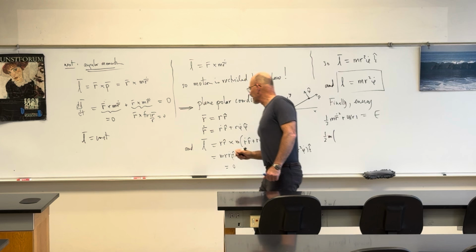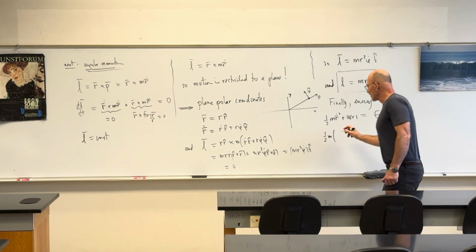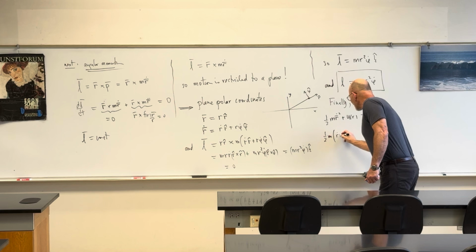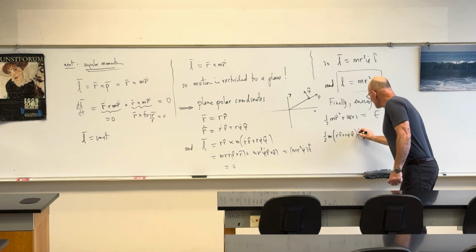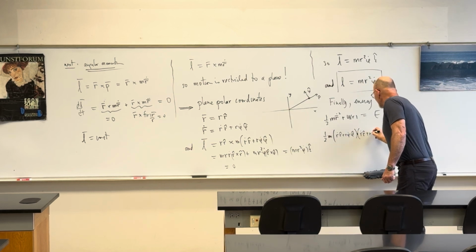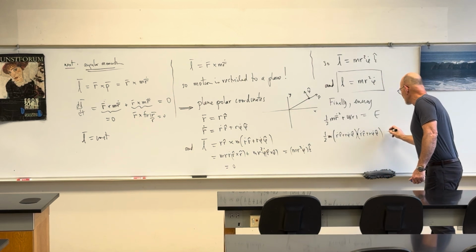Fix that, v. So v squared, we're going to write this out, r dot r hat plus r phi dot phi hat, dotted into itself, r dot r hat, r phi dot phi hat. And then we've got the U of r.